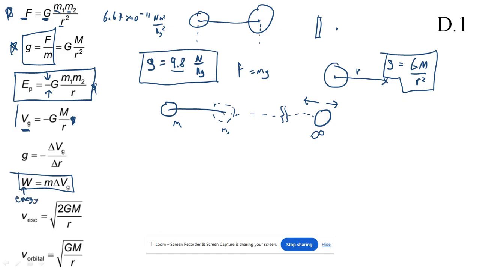So the potential is the potential energy per unit mass, and that's this. Notice this is also negative because all we've done is divide by one of the masses. So now instead of an actual mass being there, it's hypothetical. Right here, per unit mass, how much energy does it take to take something from here to infinity? That's what this is answering.